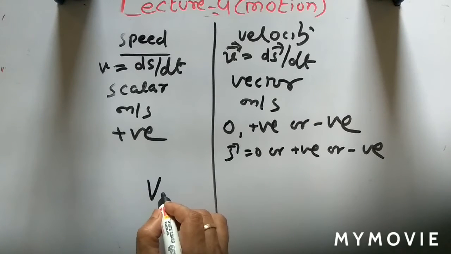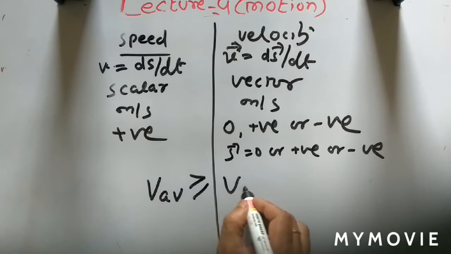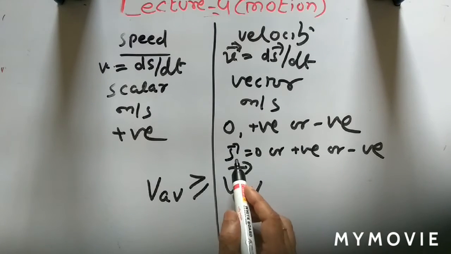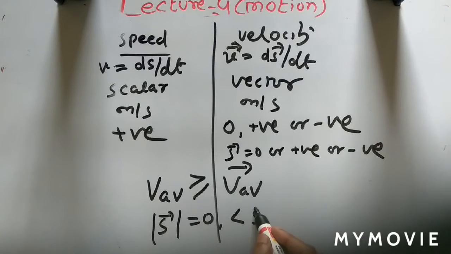Now we can say the average speed is greater than or equal to the average velocity. Why? Because we know from lecture number 3 that the magnitude of displacement may be 0, may be less than the magnitude of distance, or may be equal to it.